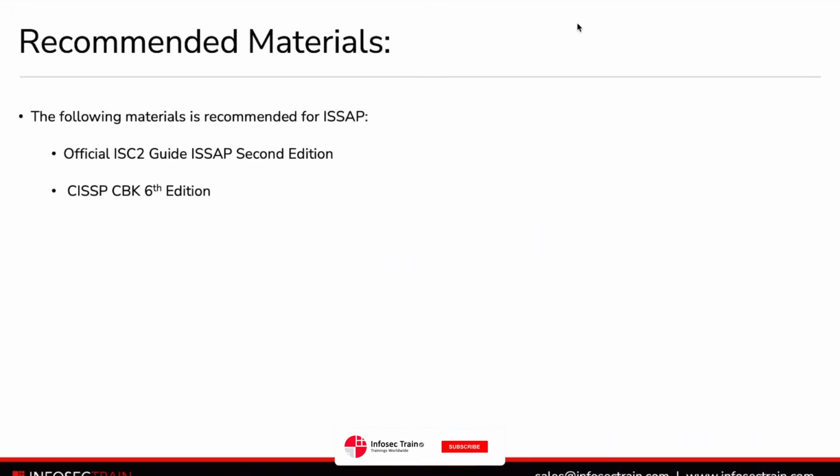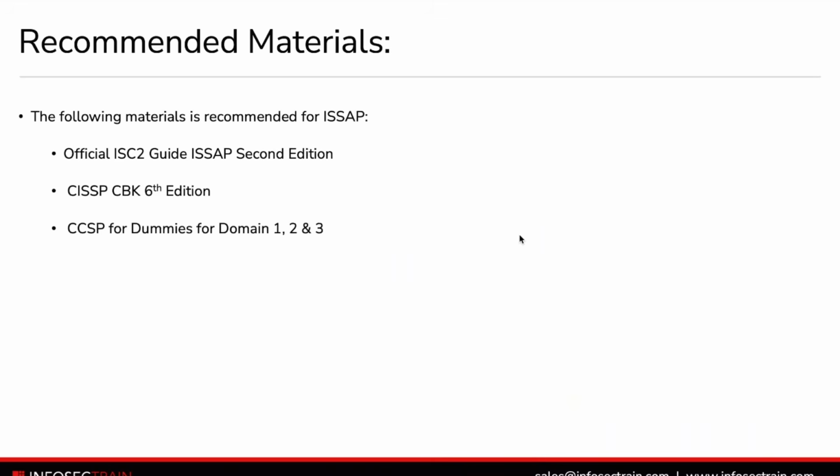Now, the official ISC Square Guide second edition, along with the CISSP CBK 6th edition, you need to refer to. Along with that, you also need to refer to the CCSP for Dummies, specifically domains 1, 2, and 3. Domains 1, 2, and 3 are still testable in the exam.